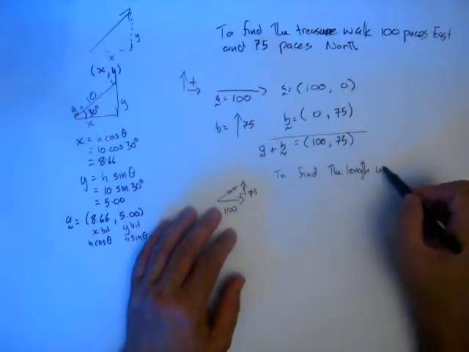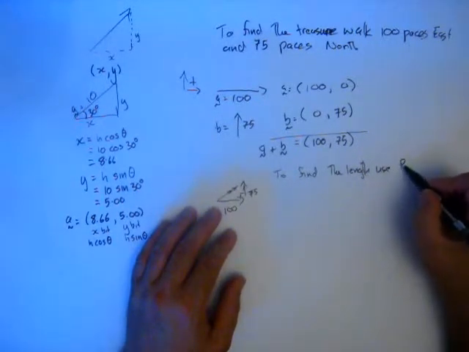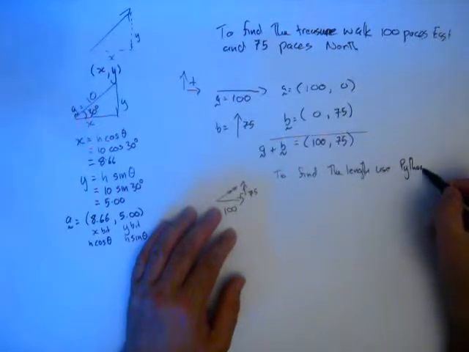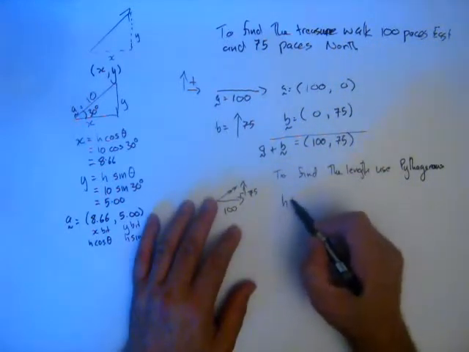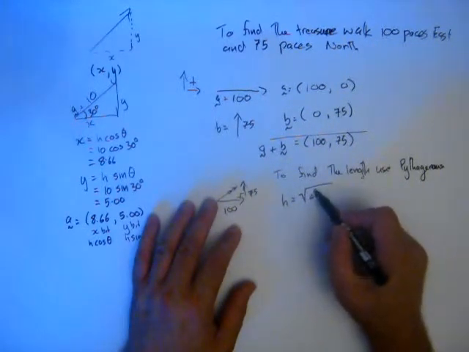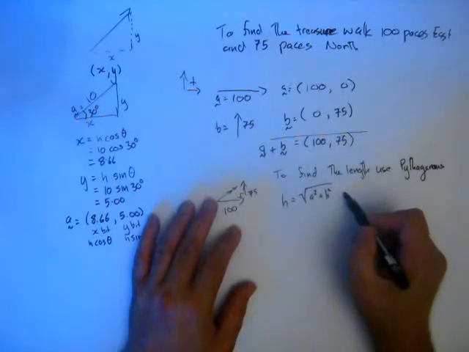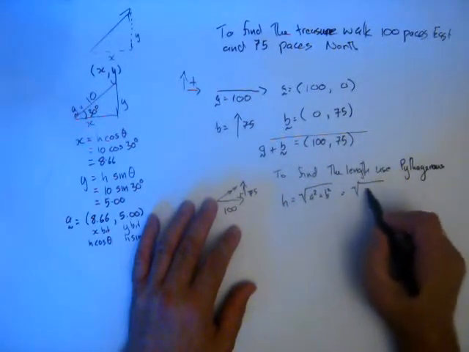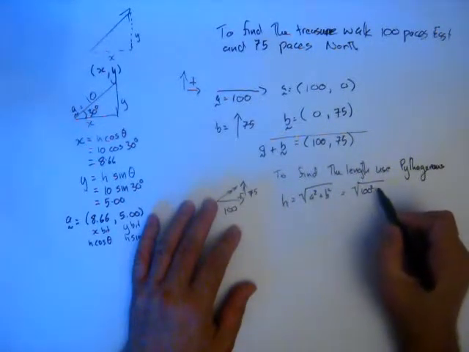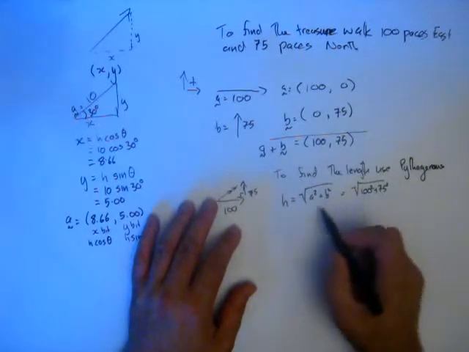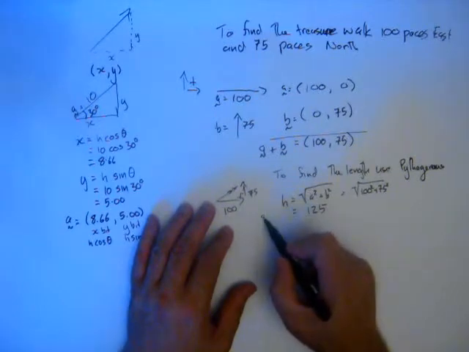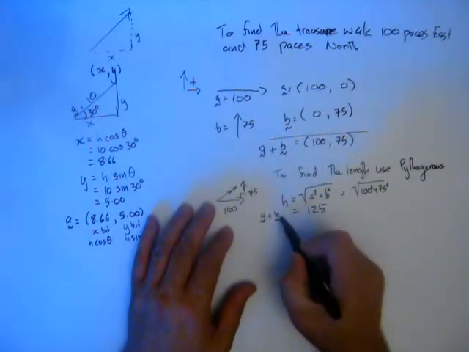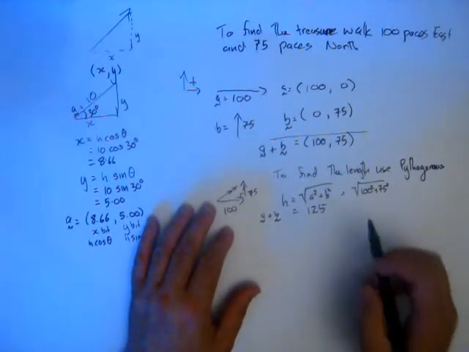Use Pythagoras' theorem. So h is equal to the root of a squared plus b squared, which is the root of 100 squared plus 75 squared, equals 125. A plus B equals 125 paces.